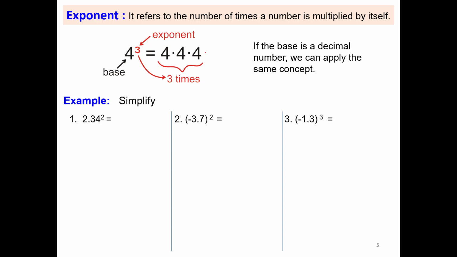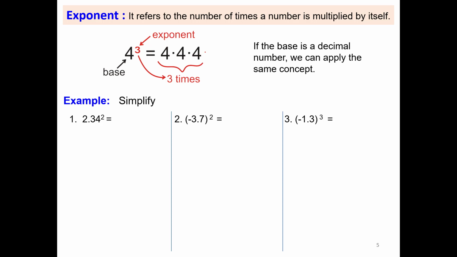Then we can apply the same concept, but in this case the base is a decimal number. Yes, the exponent indicates how many times we need to multiply the base. In the first example, we had 2.34 to the second power.